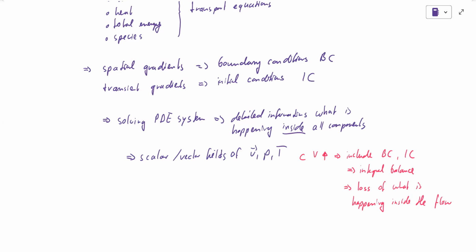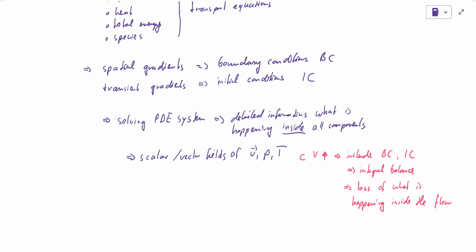And then I am in the microscopic length scale, and I get information about what is happening inside the flow. So how does the fluid flow, for example? And I also need my boundary conditions and initial conditions in order to get the real solution.